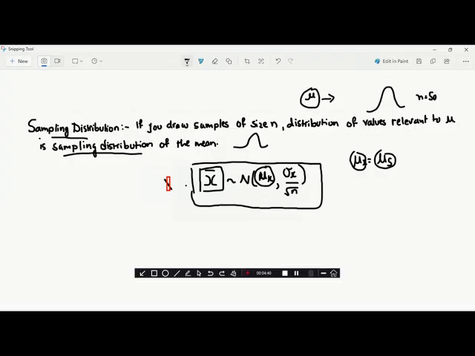And your standard deviation for the population will turn into the standard deviation of the population divided by root n, and this will be your standard error of the mean, or the standard deviation for your sample.